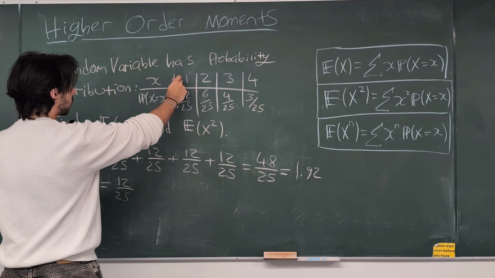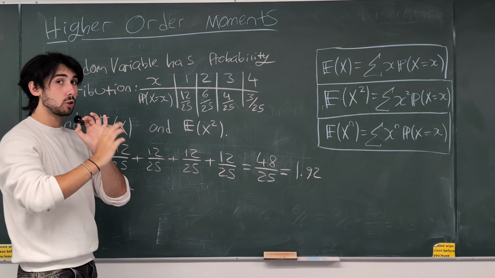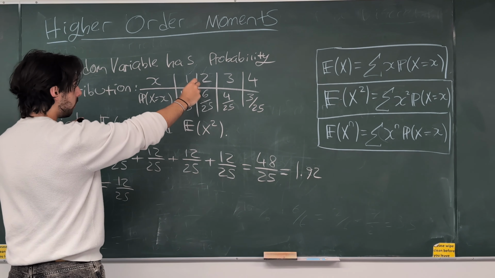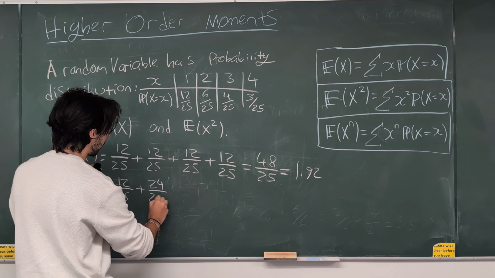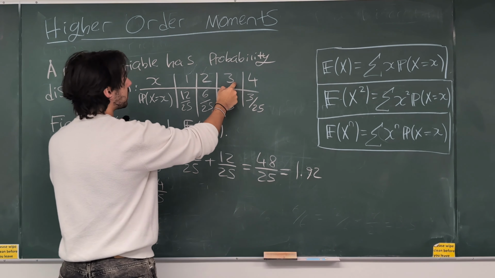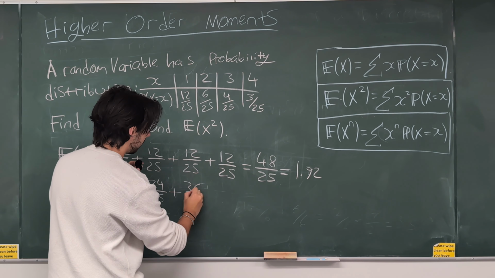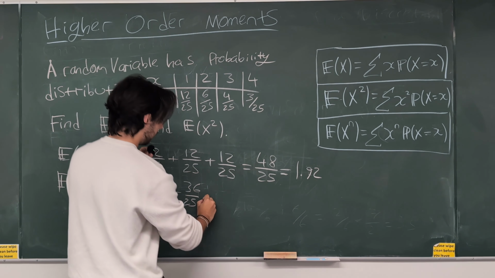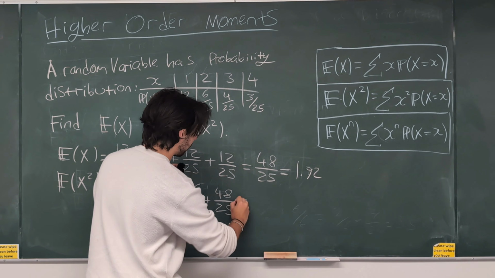The probability does not get squared. 2 squared is 4, times 6, that's going to be 24 over 25. Next one, 3 squared is 9, times 4, that's 36 over 25. And then finally, 4 squared is 16, times 3, that's 48 over 25.